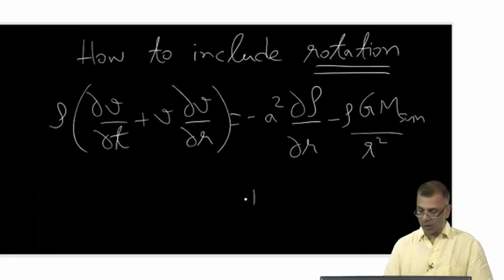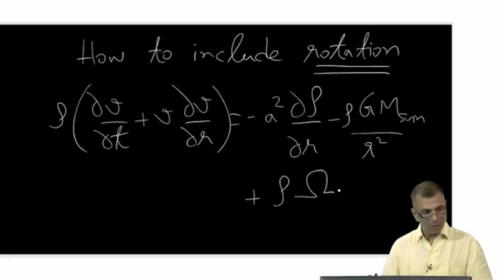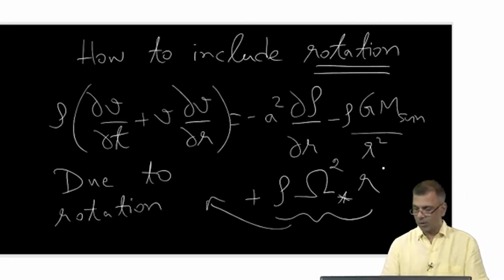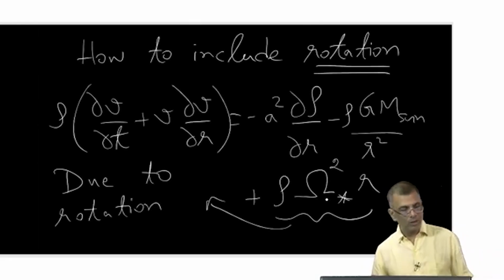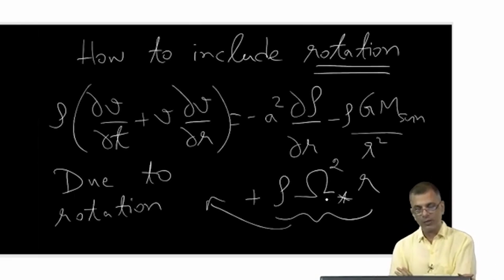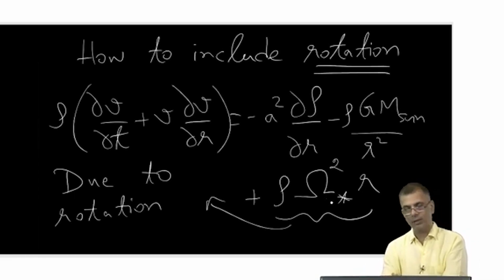And now you have a very important addition. You have a centrifugal term. This term is due to rotation, and omega star is the rotational velocity of the sun. This is how you include rotation.